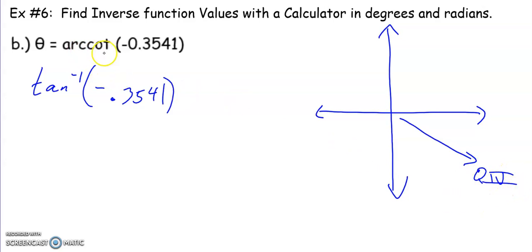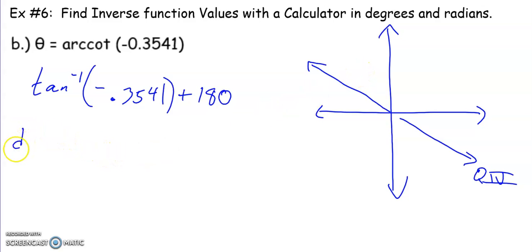Well, cotangent, which is what we're finding the arc of, doesn't exist in quadrant 4. It exists in quadrant 1 and quadrant 2. So we want it up here instead of down here. So for our degrees, we're going to have to add 180 to bring it around to the other quadrant for arc cotangent.